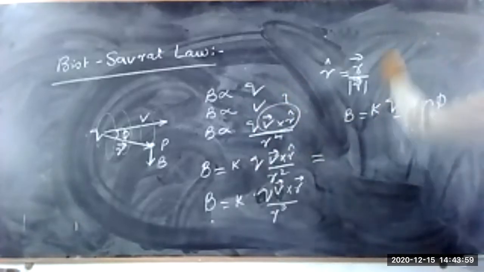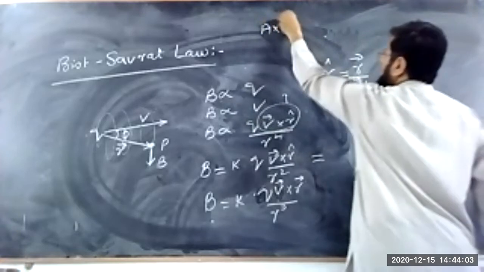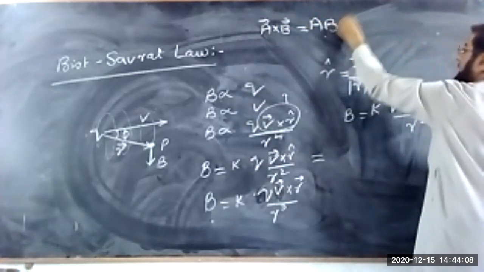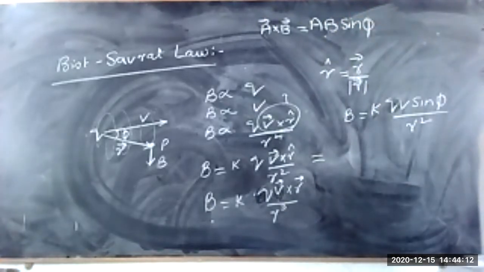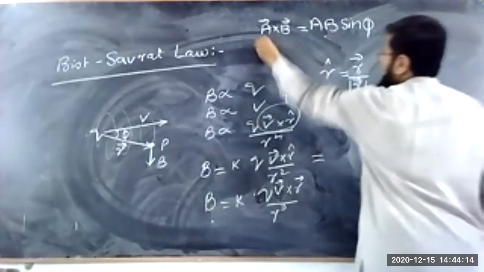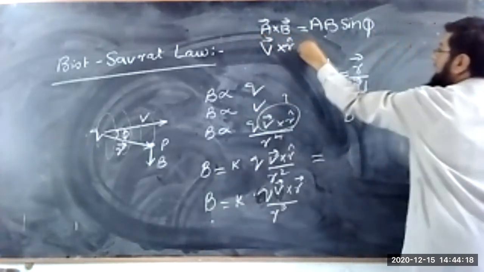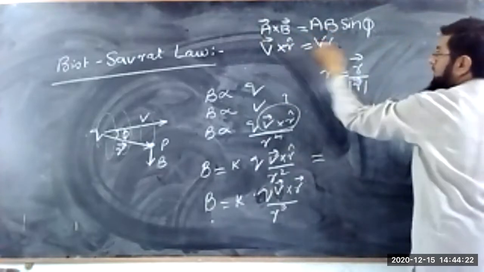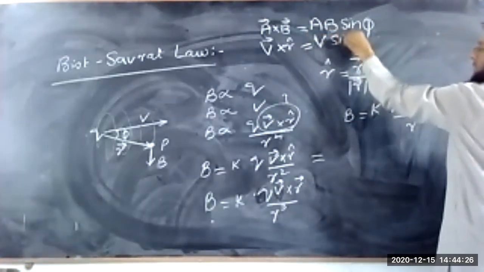You know that A cross B is equal to AB sine of angle theta, where theta, or phi, is the angle between them. If this is the velocity vector v, then v cross unit vector r is v sine of angle phi, since r hat is a unit vector with magnitude 1.